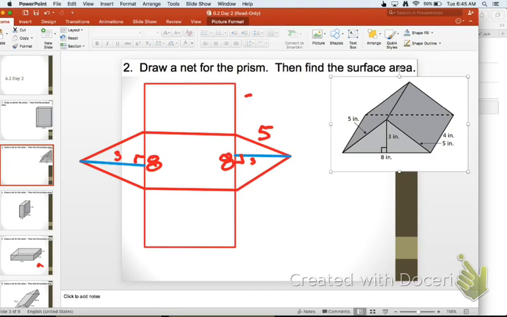So that must also be 5. Now I look over here and I see that the other side, I look at the arrow, is pointing to this right here on my rectangle, and it's also 5. And it's also this side of this triangle. So that means that the other rectangle's height is also 5.